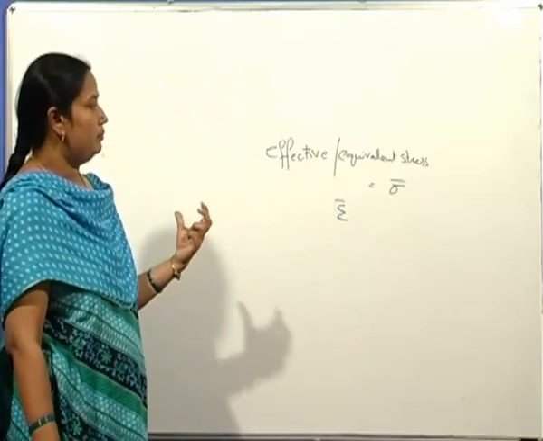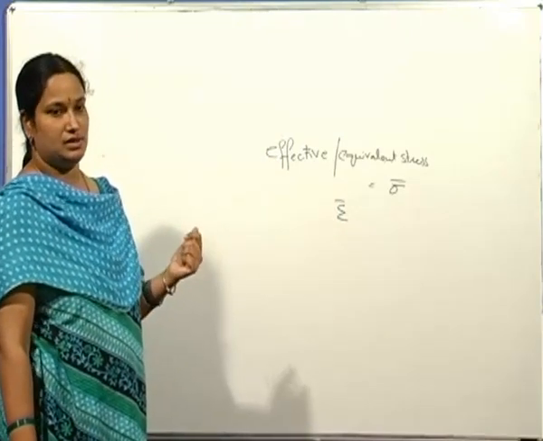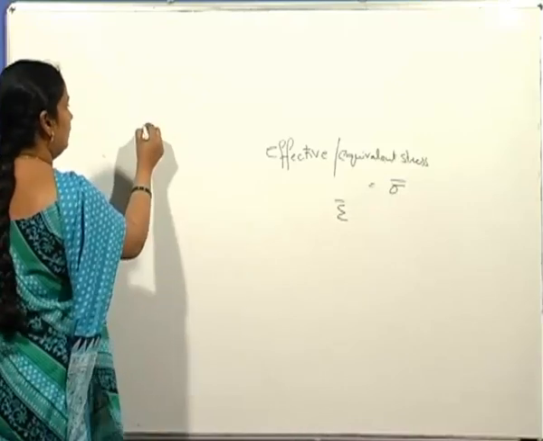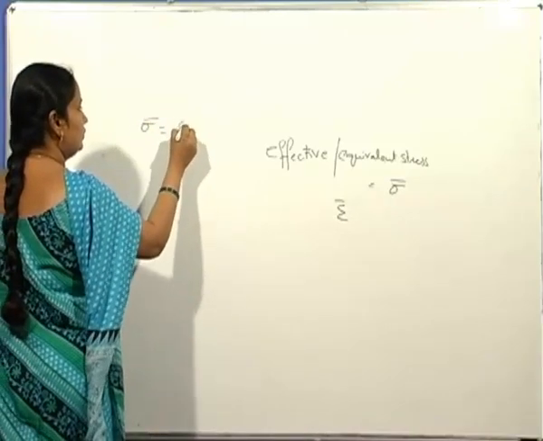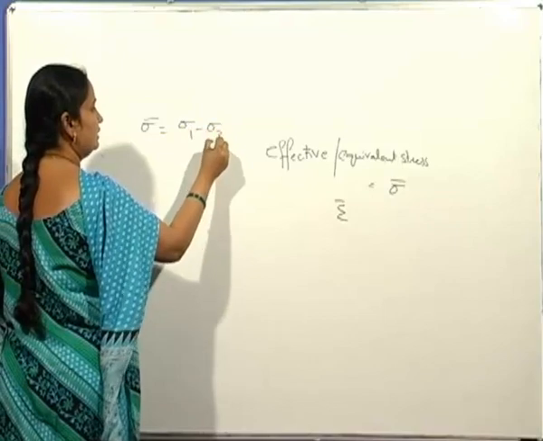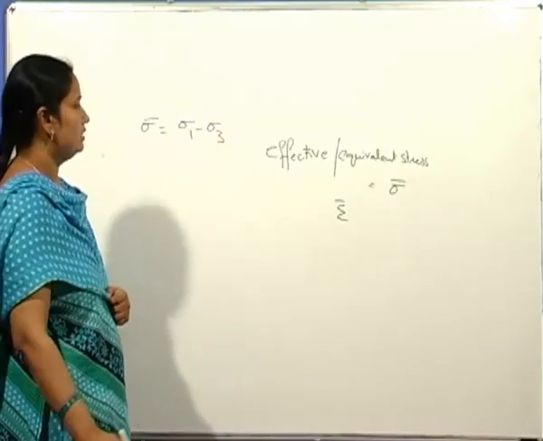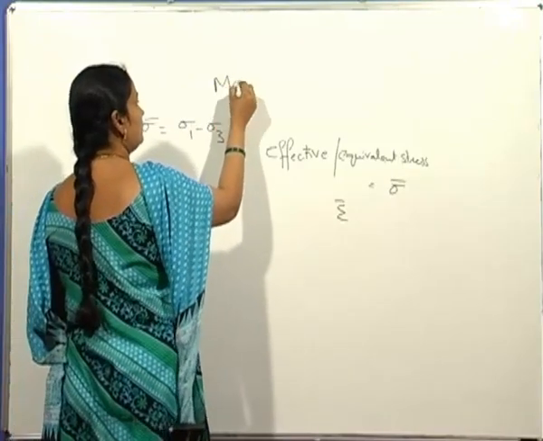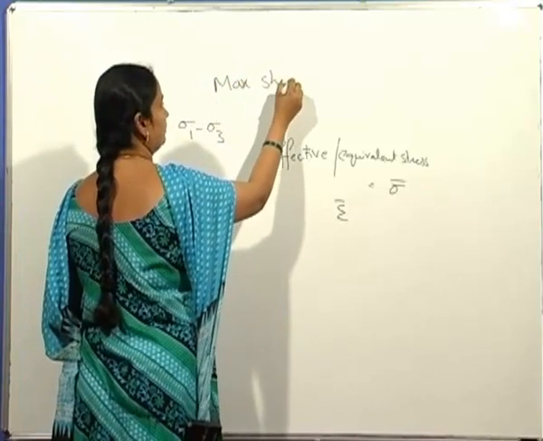Now from the maximum shear stress criteria, we have equivalent stress equal to sigma 1 minus sigma 3. This is for the state of stress for the case of maximum shear stress criteria.